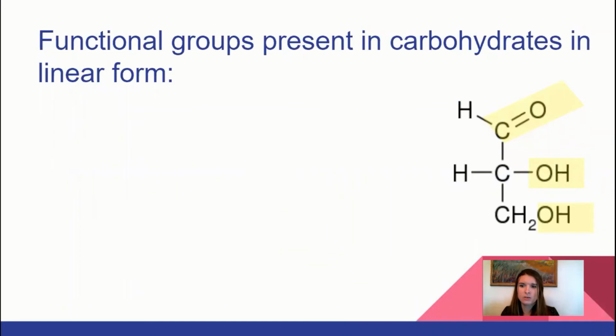Okay, so we said that our carbohydrates have this 1 to 2 to 1 ratio, carbon to hydrogen to oxygen. And part of that is because of the functional groups that are present in these carbohydrates. So here we see our 3 carbon chain, carbon, carbon, carbon. Okay, so we have our hydrogens, 1, 2, 3, 4, 5, 6, and 3 oxygens.